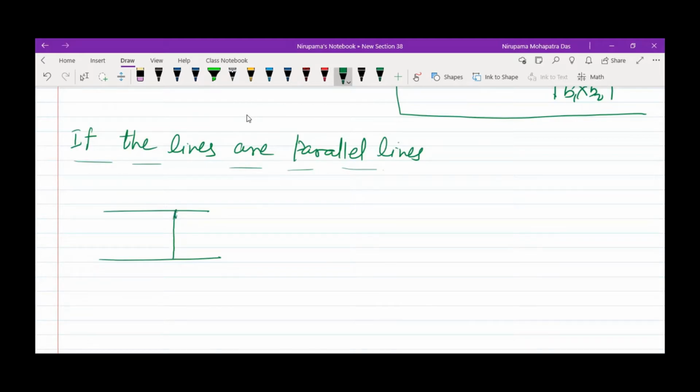I may take this line as r equal to a1 plus lambda b, and this one I can take as r equal to a2 plus mu b. Because the lines are parallel, they are in the direction of the same vector. That's why I've taken lambda b and mu b.